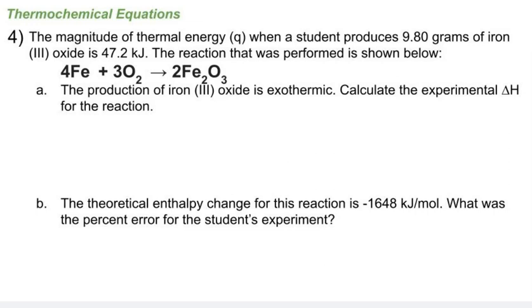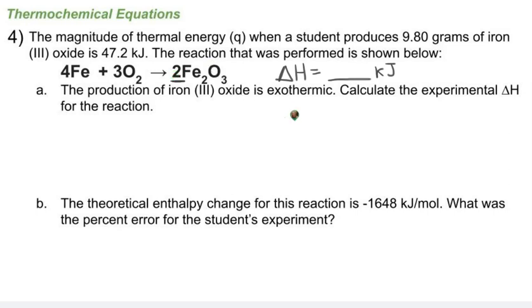So problem A is asking us to find the delta H value for this entire reaction as a whole, in kilojoules. Now, the entire reaction produces 2 moles of iron 3 oxide.